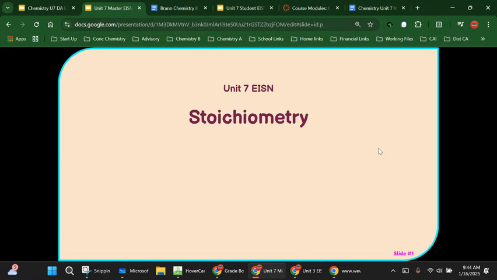Now, when you create something, ladies and gentlemen, you may create something that is a solid. How would we measure a solid? What unit do we use to measure solid objects? Powder.